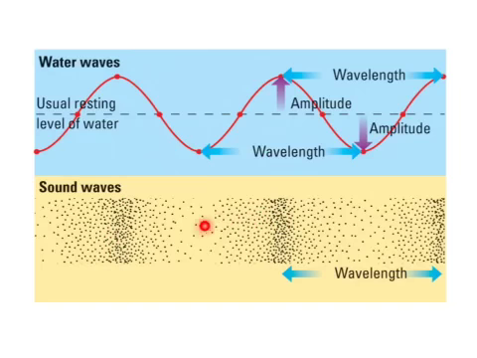So that's wavelength. You might have heard about that. The second is amplitude. For a technical definition, the amplitude is the maximum distance that each particle moves away from its usual resting position.